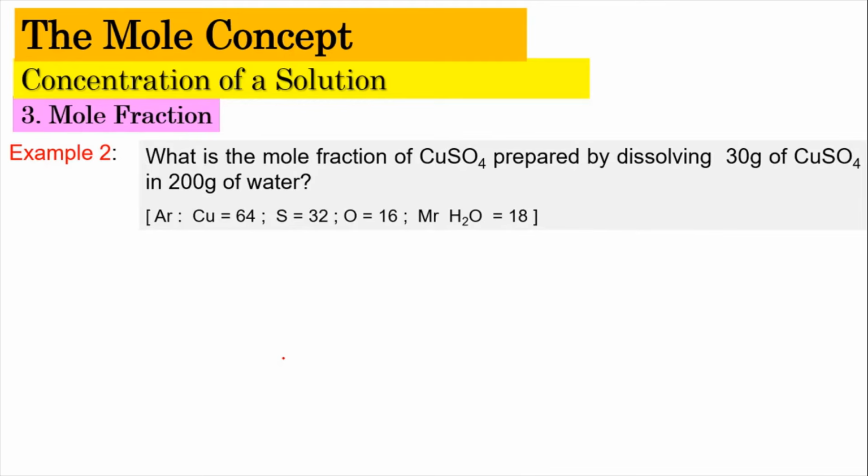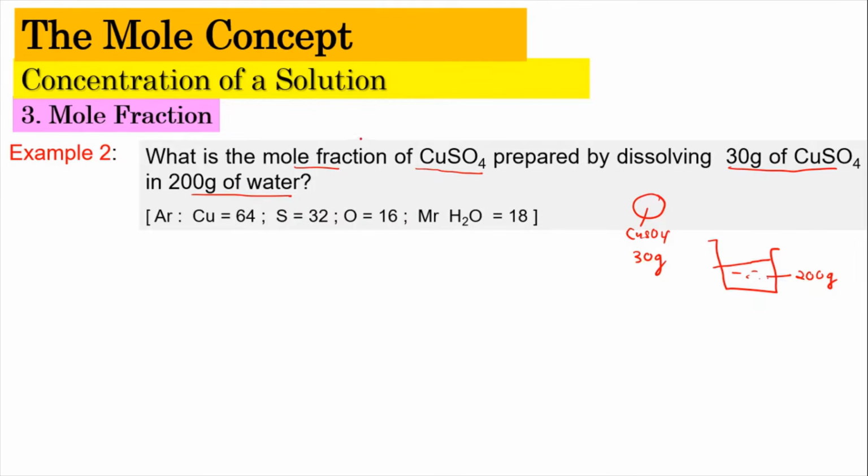Now we're going to move on to the next question, which is example 2. What is the mole fraction of CuSO4 prepared by dissolving 30 gram of CuSO4 in 200 gram of water? So we have our copper sulfate, which is 30 gram, and then we have our water, which is 200 gram.